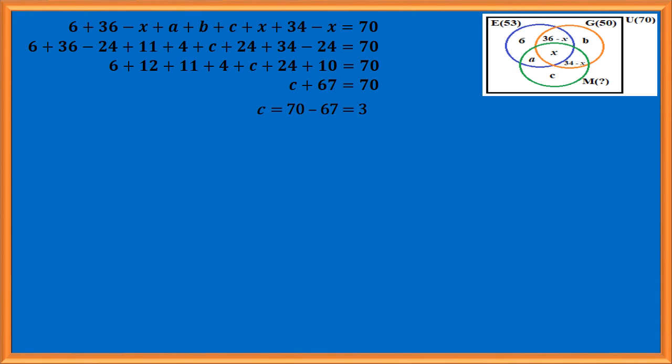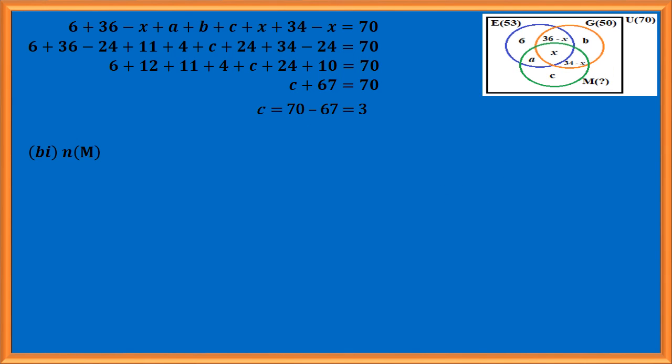Then to find Roman numeral 1, we're asked to find those who offer mathematics. Those who offer mathematics, we are going to add the entries within the green circle, which is a, c, x, and 34 minus x. Now 34 minus x will give us 34 minus 24.